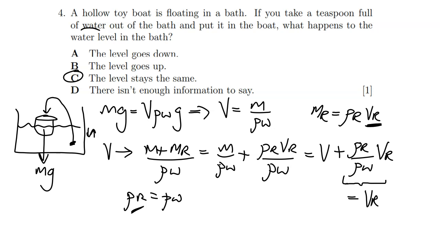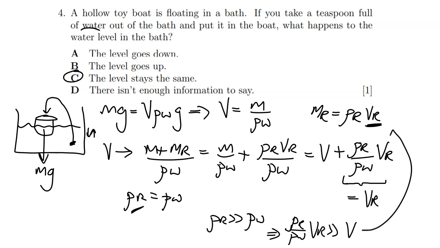Now, what that would mean is that we have this special case, which I'll put down at the bottom, which would be rho rock is much, much greater than rho w. And that would mean our extra term on the end would be much greater than our original volume.